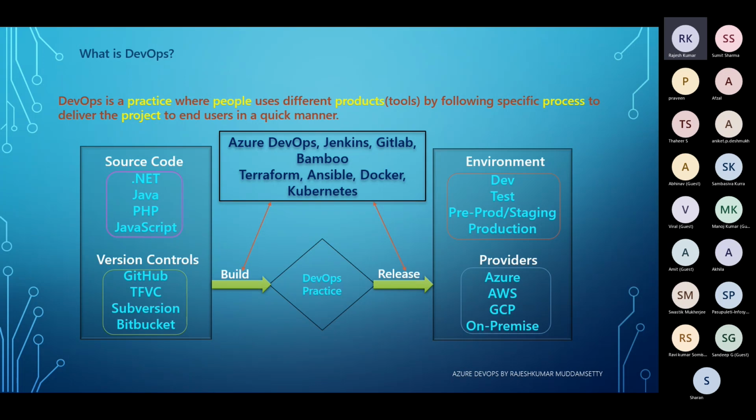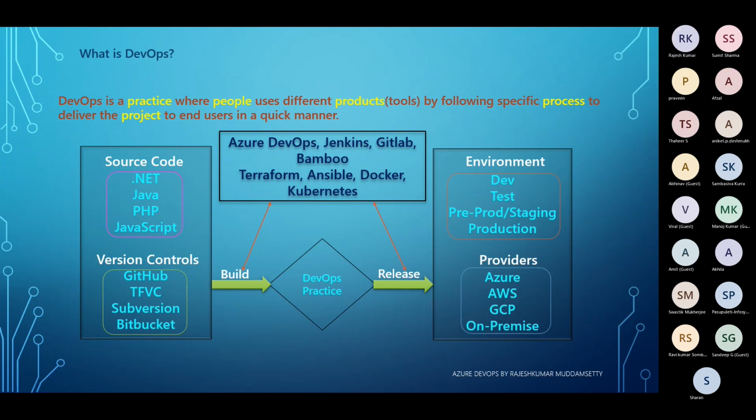You don't know how to create this repository. You don't know how to create a branch in GitHub. A DevOps engineer will know everything. He will help you to create the project, repository, and even to apply some branch policies, saying that only these people will be able to edit the code in this repository. Other people will not be able to edit the code. The access management, the permissions management, everything will be managed by the DevOps engineer.